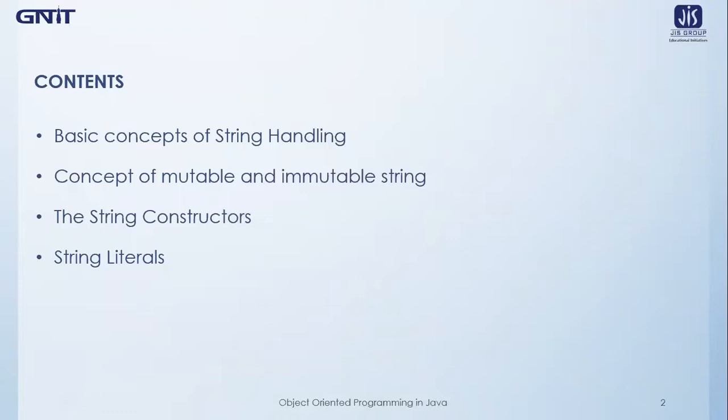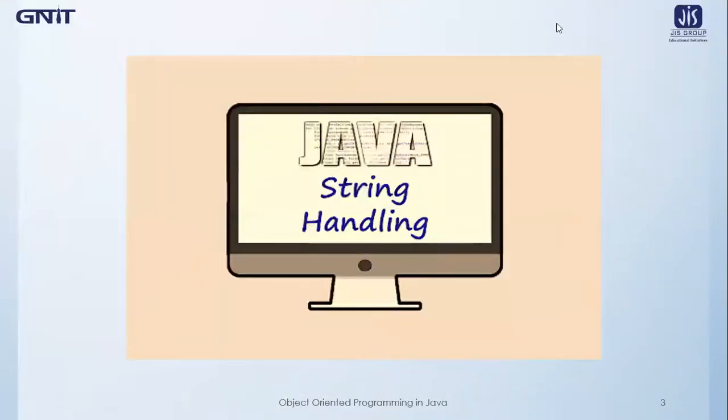So let's look at the first concept, which is the basic concept of string handling. We have already discussed a brief overview of Java string handling in our previous lectures.